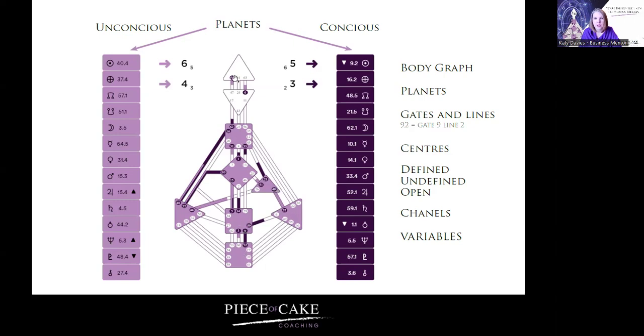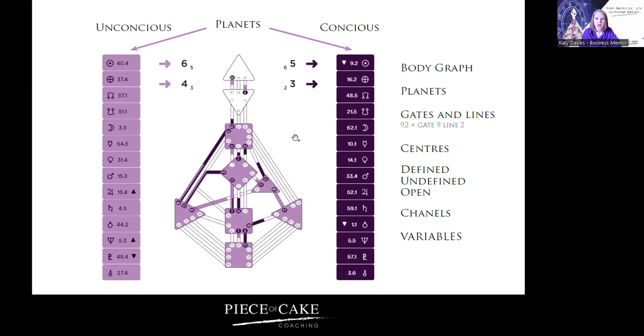Now here, in my undefined centers at the top, I have a gate activated, but the corresponding gate on the other side is not activated. So there isn't a channel, and that's what makes it undefined. There is also open, which I will explain further on.